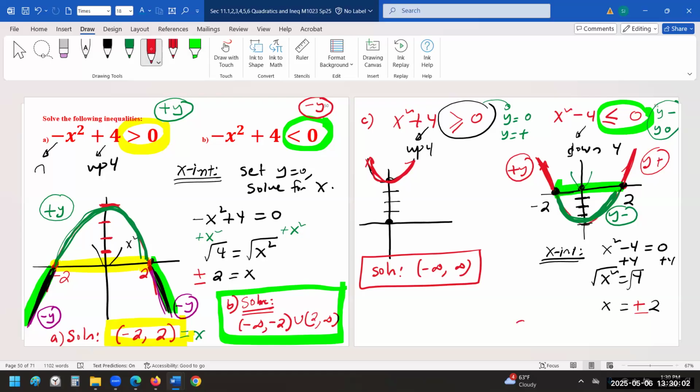So what is our solution? -2 to +2. And what is our boundary? Bracket or parenthesis? Bracket, because it's equal. When x is -2, we have a 0, and you're looking for 0 y. So both of them get brackets.